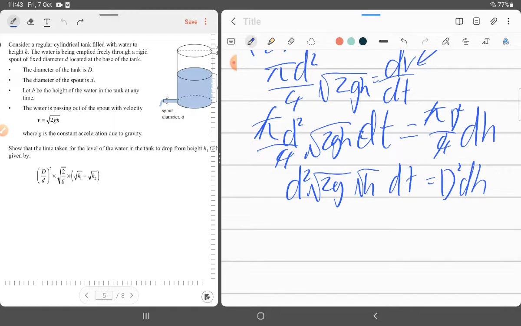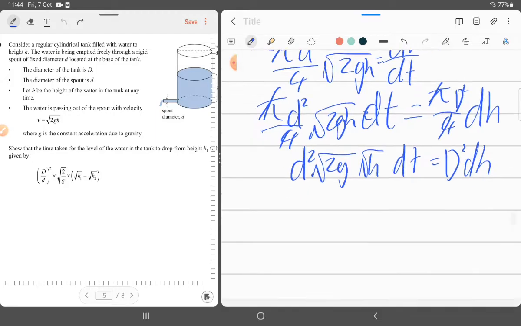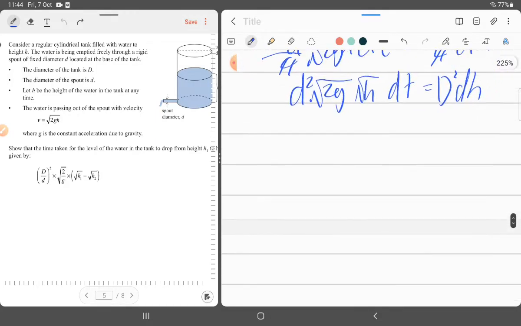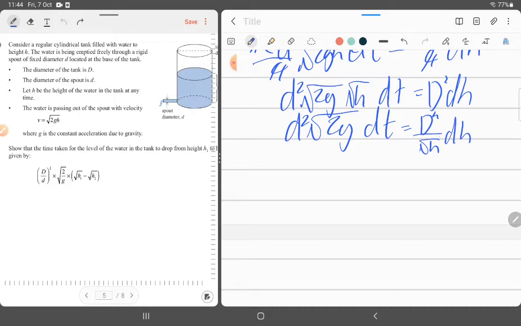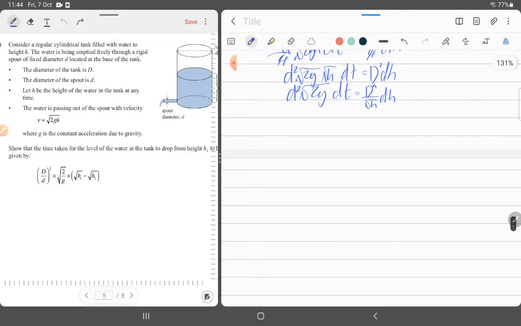Wait, I don't know whether I'm going in the right direction or not. I think then D squared square root of 2G dt is equal to D squared over square root of H dH. Then we integrate both sides.